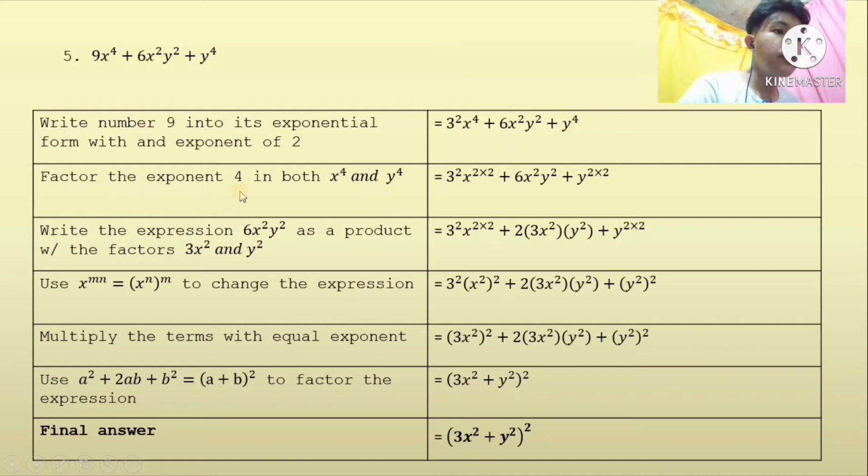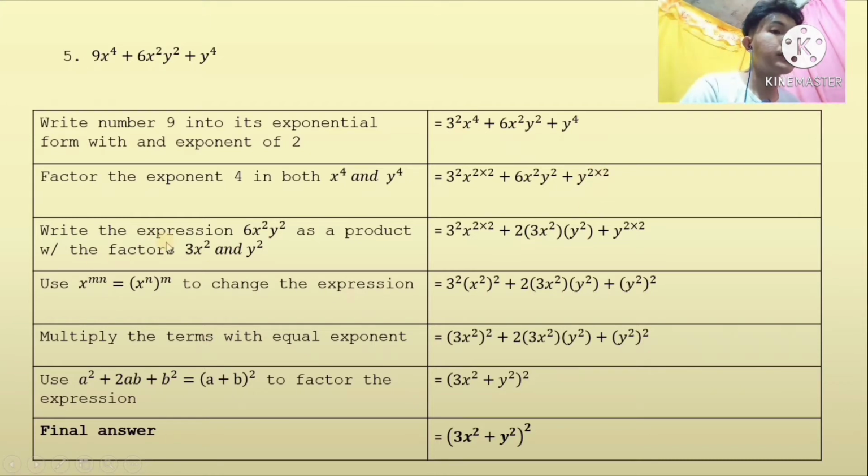Then factor the exponent 4 in both x raised to 4 and y raised to 4. So it will become 2 times 2. So our equation will be 3 squared times x raised to 2 times 2 plus 6x squared y squared plus y raised to 2 times 2.